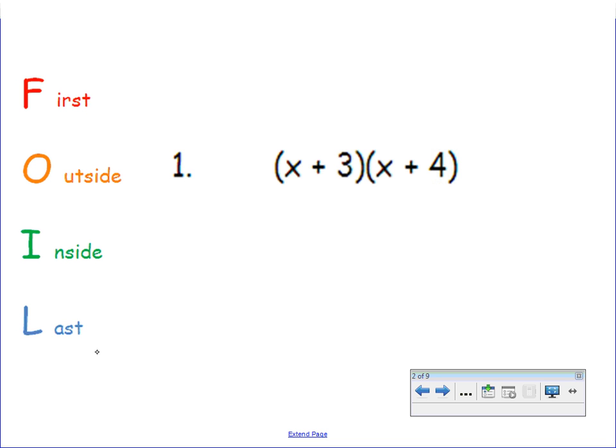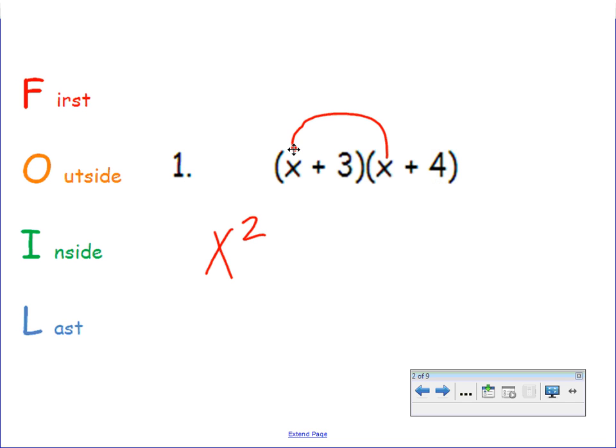So what I'm going to do is multiply the first term of my binomial, x plus 3, which is x. I'm going to multiply that term times the first term in the second binomial, which is another x. So if I multiply x times x, we get x squared.